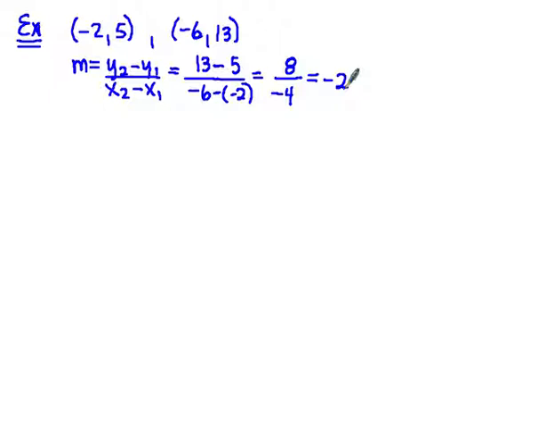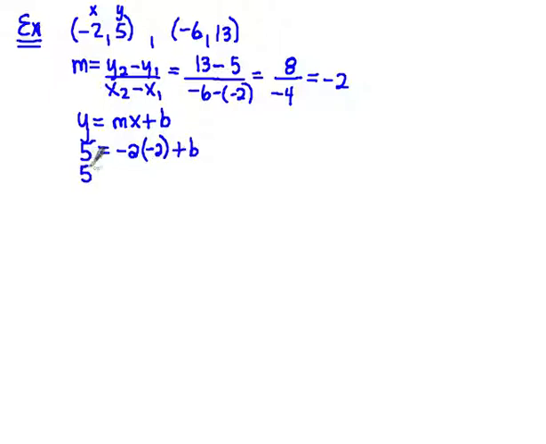I'm just going to use the first point. So x is negative 2 and y is 5. So we have y equals mx plus b. My y is 5. My slope is negative 2. My x value is negative 2. And I'm looking for b.